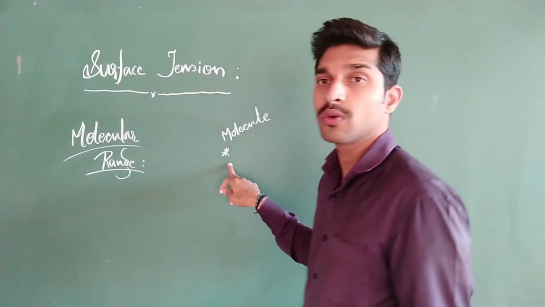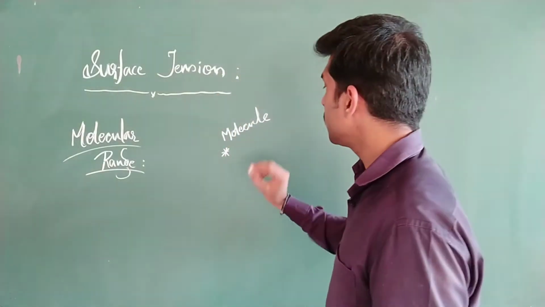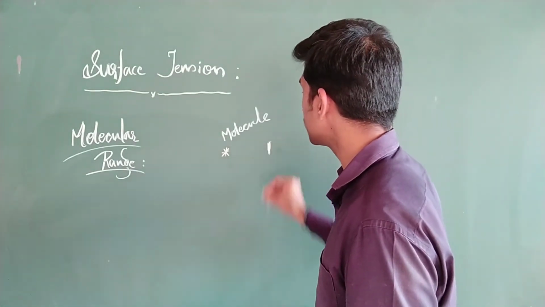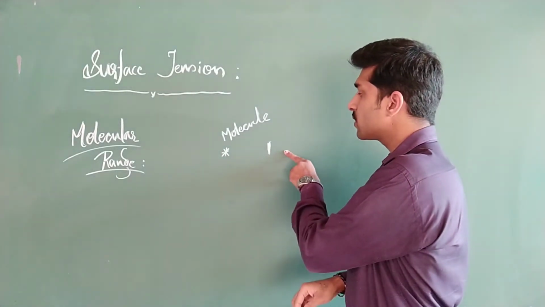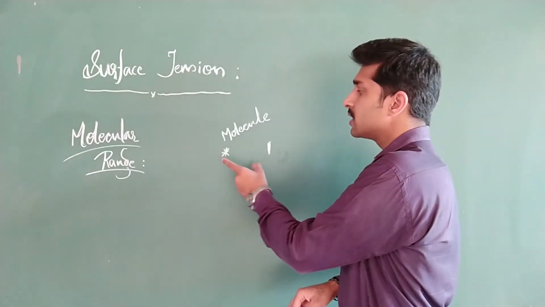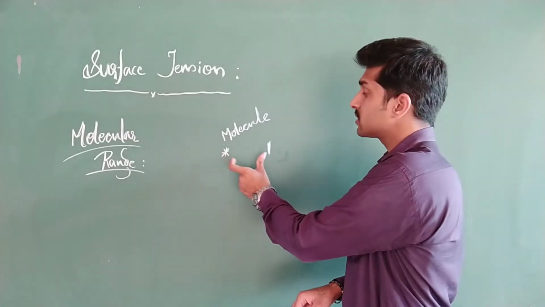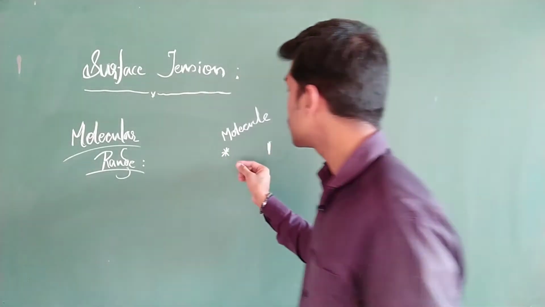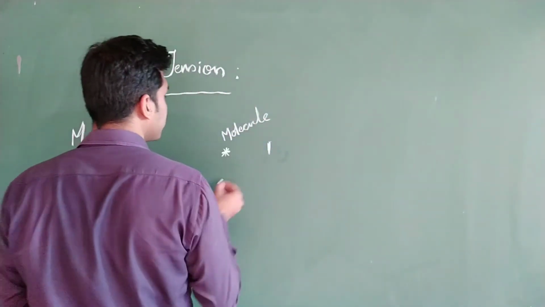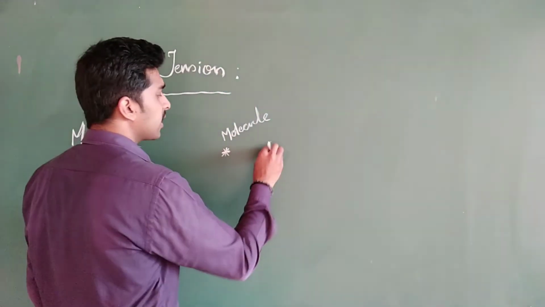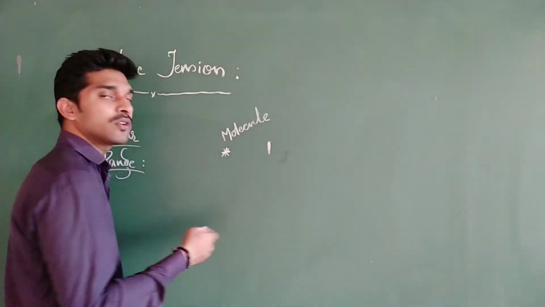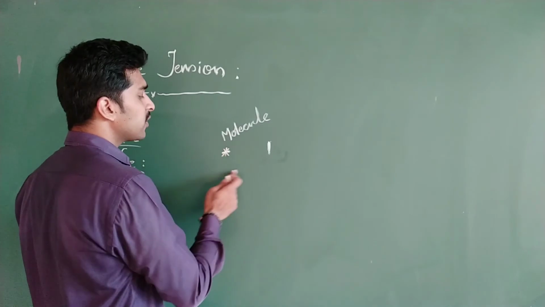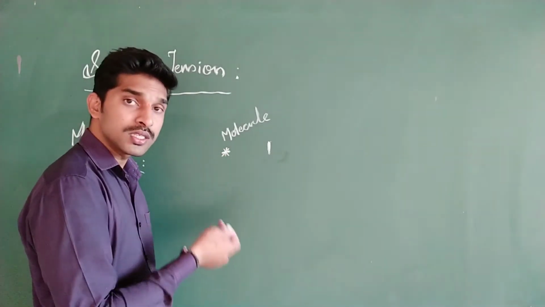Let us suppose that up to this point the molecule has its influence. That means if any molecule enters this region, this molecule will start attracting it. So molecular range is the minimum distance within which the molecule will attract another molecule.